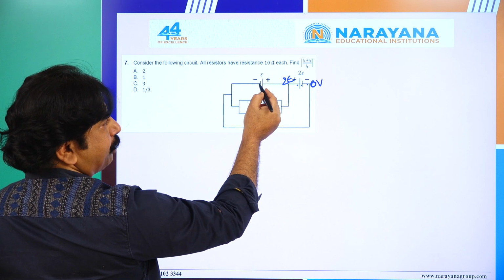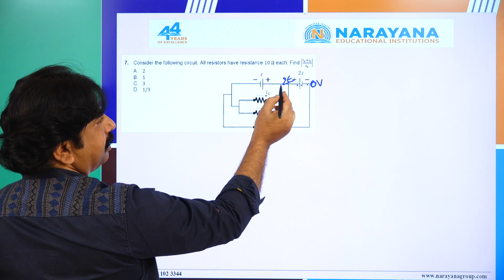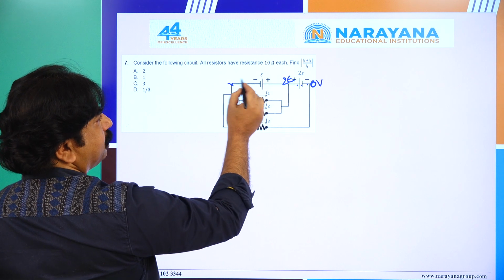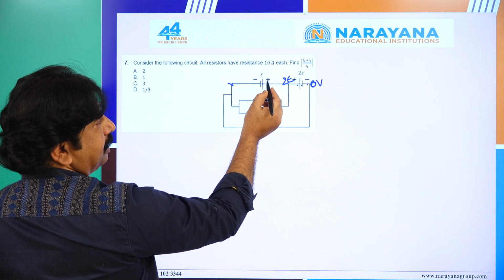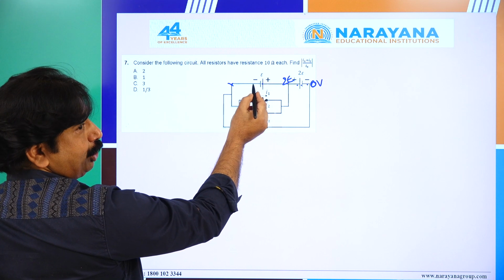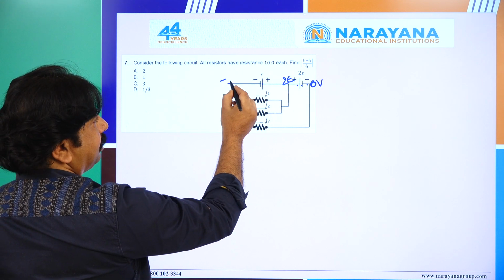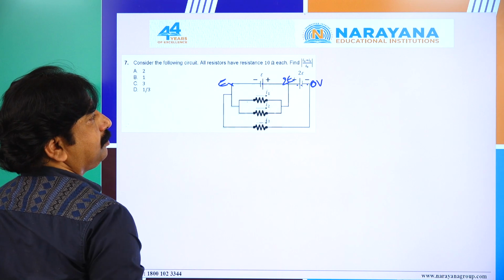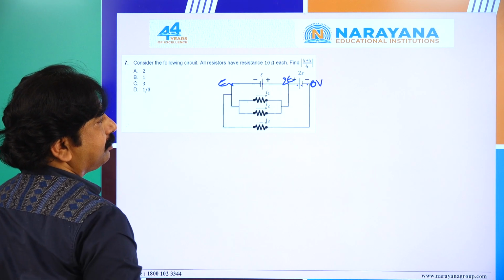And again here the potential is decreased by E, because we are crossing from higher potential to lower potential. That's why it is E only. This is 2E, this is E only.